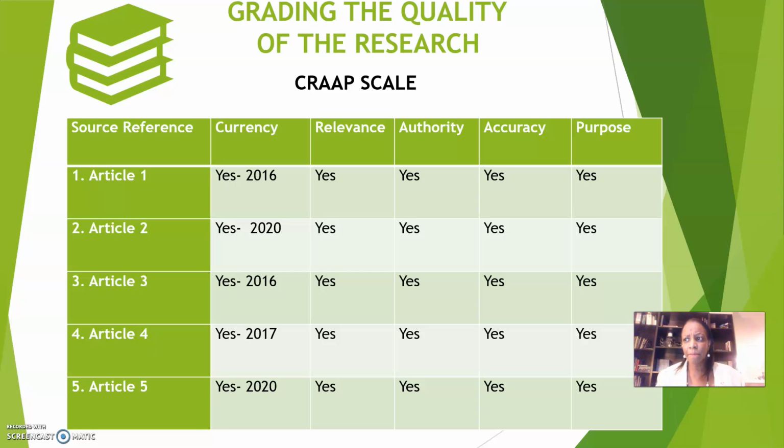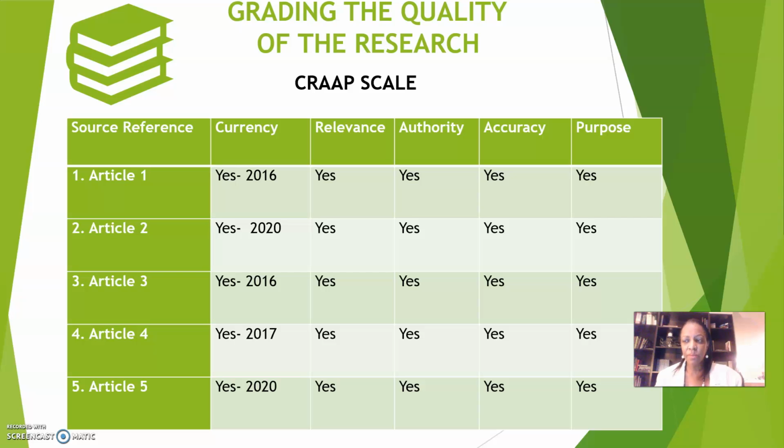In utilizing the CRAP model scale, I was able to evaluate the sources utilized in the project and its usefulness. The following criteria again were measured: the currency, the relevance, the authority, the accuracy, and purpose. What is the currency, you ask? It is the timeliness of the information. How current is the information that we utilize?